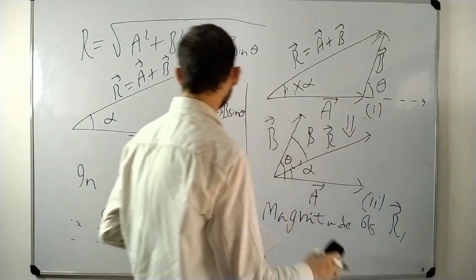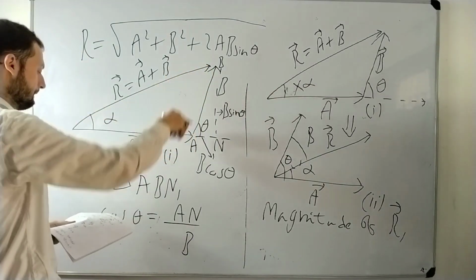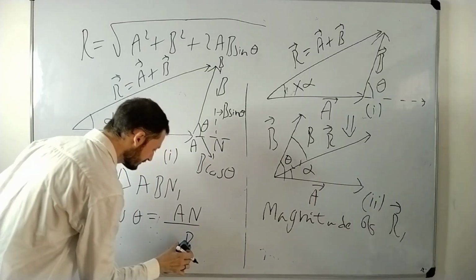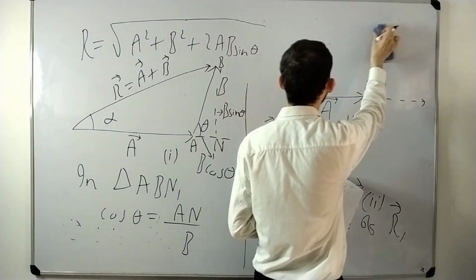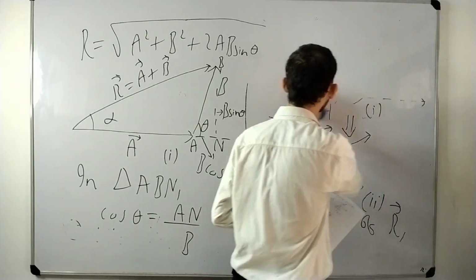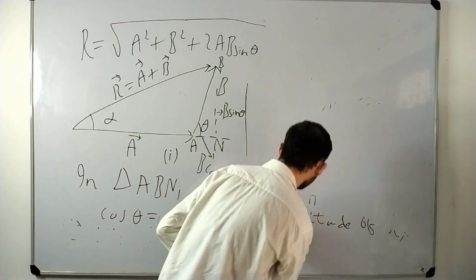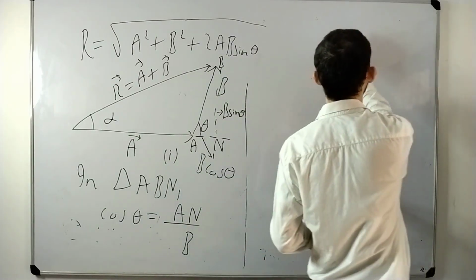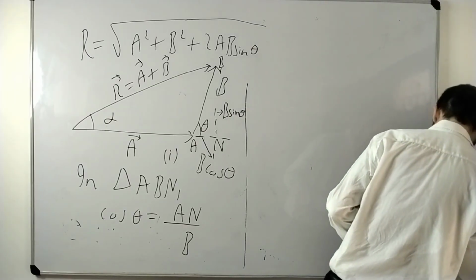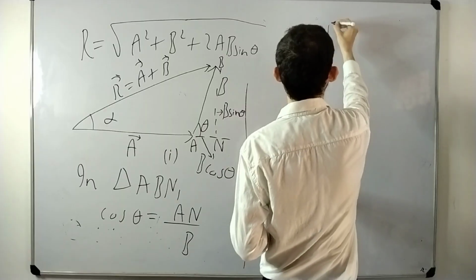What I am saying, the hypotenuse. No, hypotenuse I have not written. B I have written. So hypotenuse is B. So our AN becomes what, students?